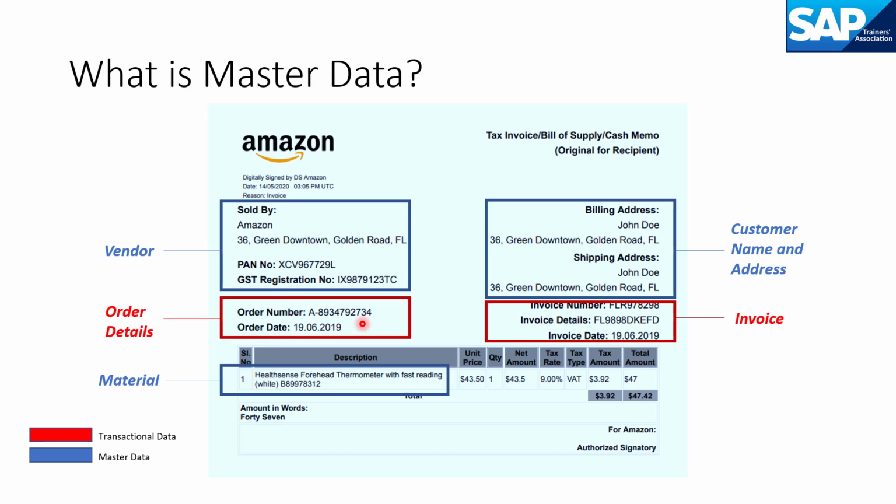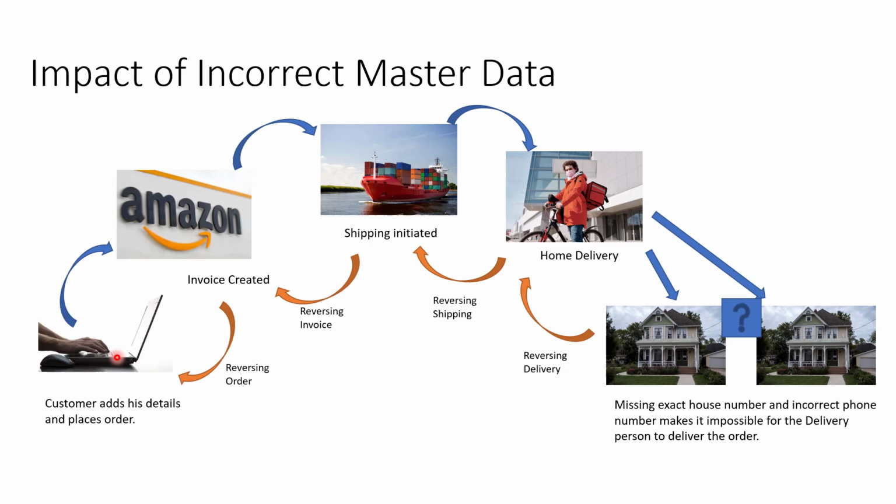Who will you create an order in the name of? Right? You cannot. You cannot create an invoice without a customer number or customer name. You will have to send the invoice to somebody. You cannot order something without the name of the object or the material that you are ordering. So to create transactions, invoices and orders and other transactions, you need master data.